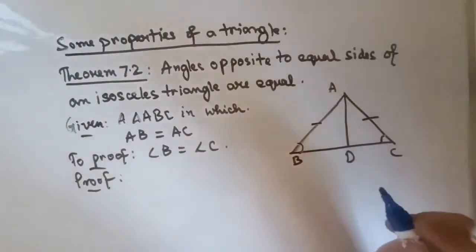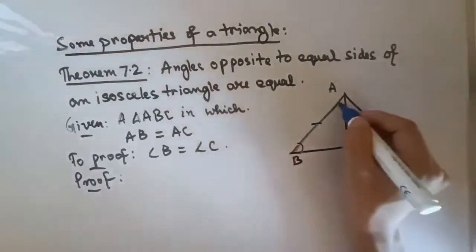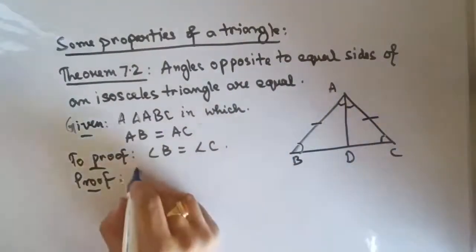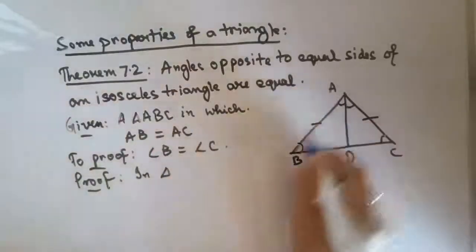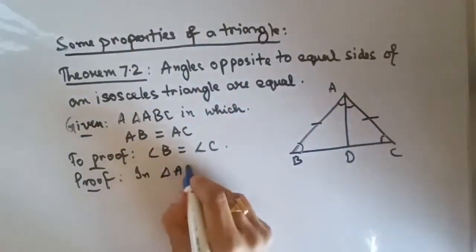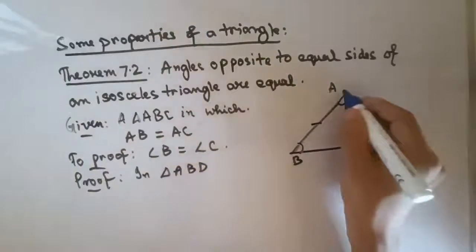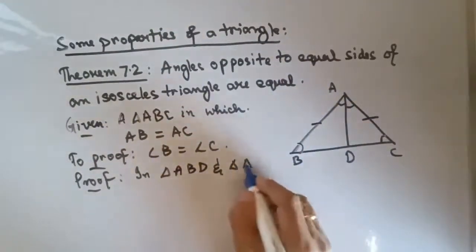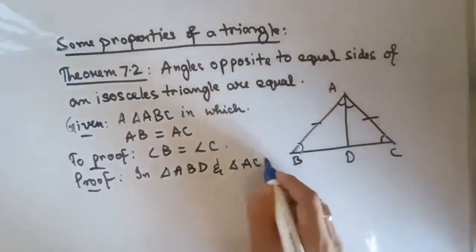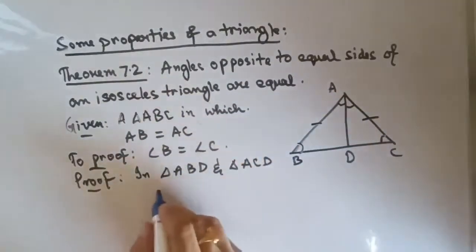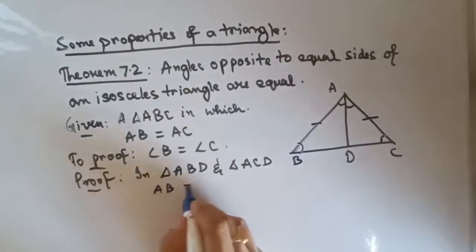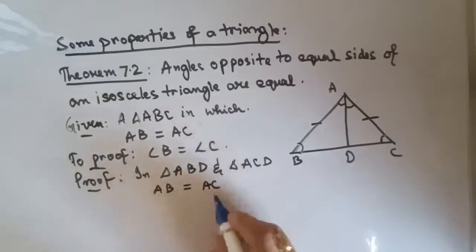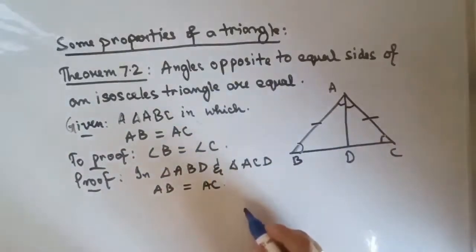Since AD is the angle bisector of angle A, this angle will be equal to this angle. So in triangle ABD and triangle ACD, AB is equal to AC. Why? Because these are the equal sides of the isosceles triangle ABC.